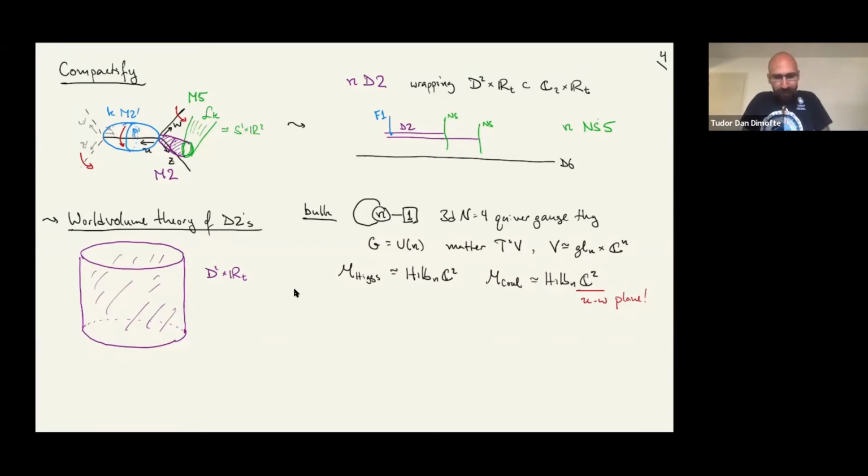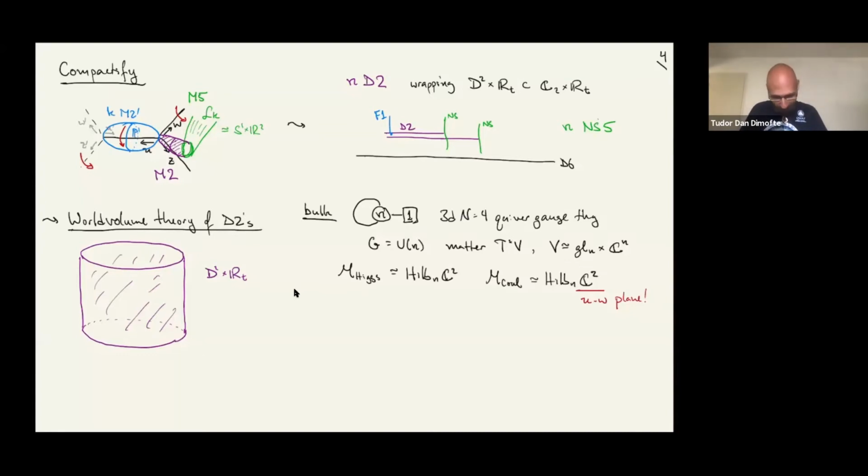Here it's abelian instantons, because there's a single D6. So we get a 3D N=4 theory whose gauge group is U(N), and whose hypermultiplets sit in a quaternionic representation T*V, where V is the Lie algebra of GL(N) plus a copy of C^N. In other words, in physics terms, an adjoint and a fundamental.